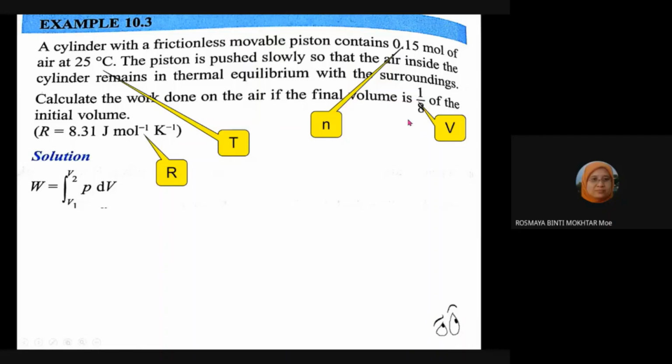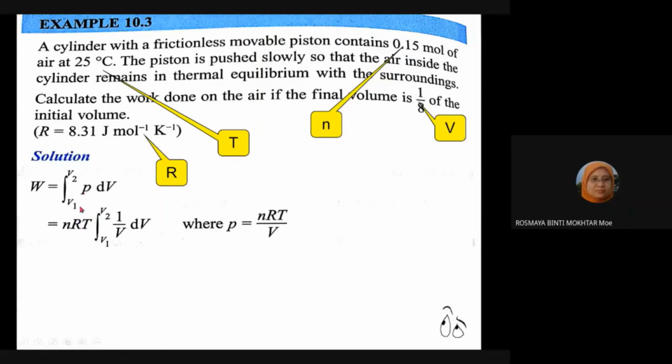Now from PV equals nRT, because here we have n and R and T, we can use PV equals nRT and substitute into here, where P is nRT per V. We can bring all constants to the front, this is an integration rule.